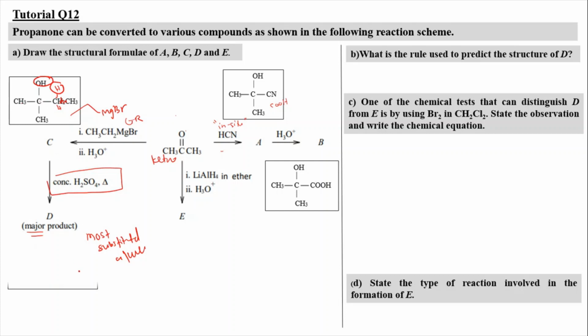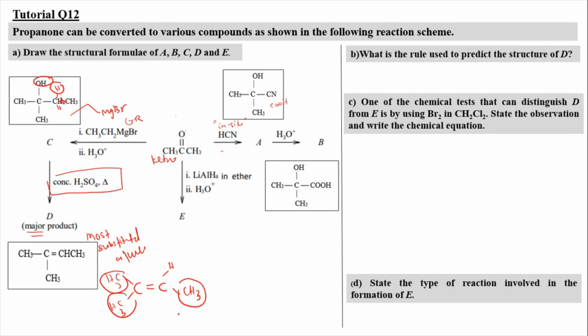Okay, so I'm going to do that. So what I'm going to get is C, C, H, CH3, CH3, and CH3. So it is attached with 3 alkyl groups.